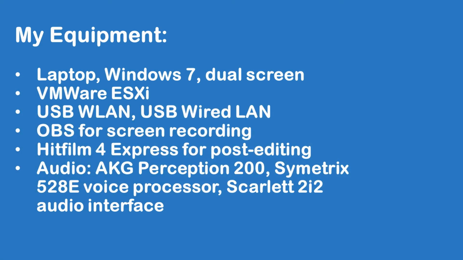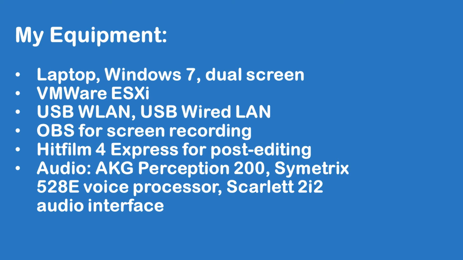Then I use VMware ESXi to run most of my lab environment on, as well as a client that I use. You can see that client popping up. It's a Windows 10 client, and I use a USB wireless LAN adapter and a wired LAN adapter in order to do the networking labs.